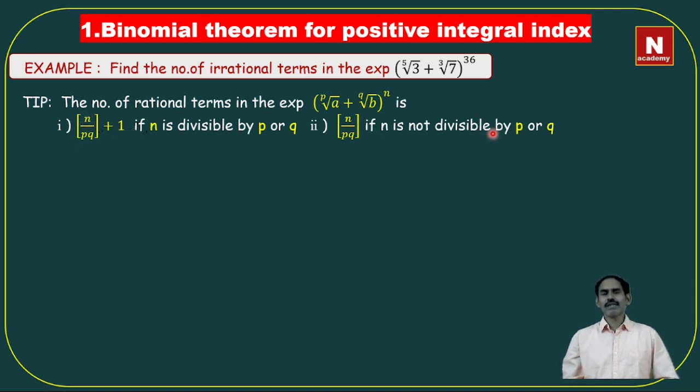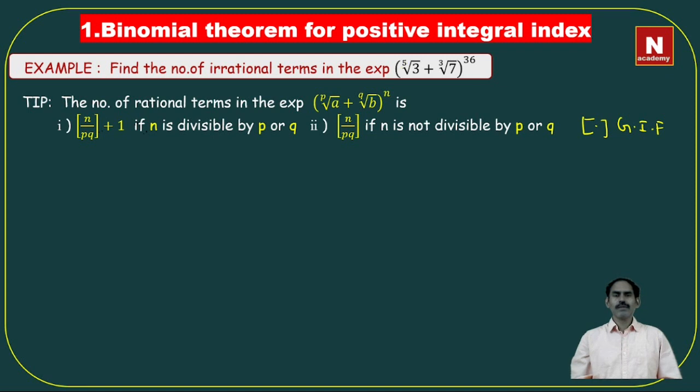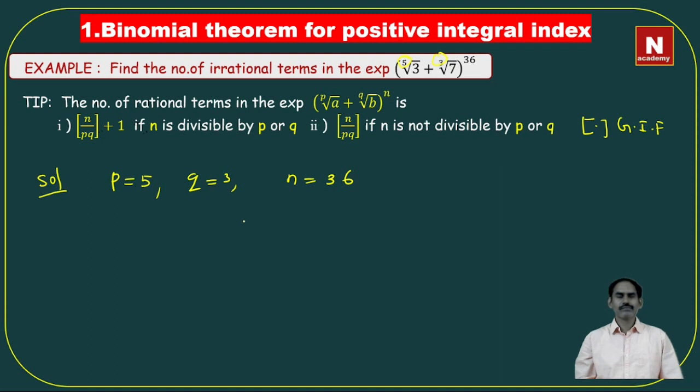If n is not divisible by p or q, apply this formula, step n by pq. Here step means the greatest integer function. In our example, p is 5, q is 3, and n equals 36.